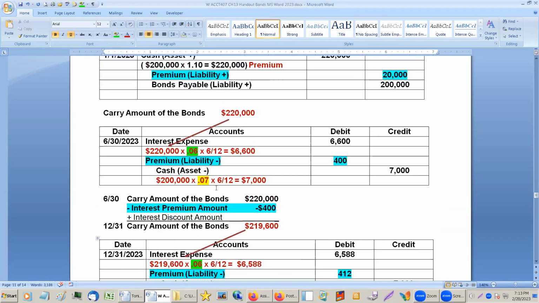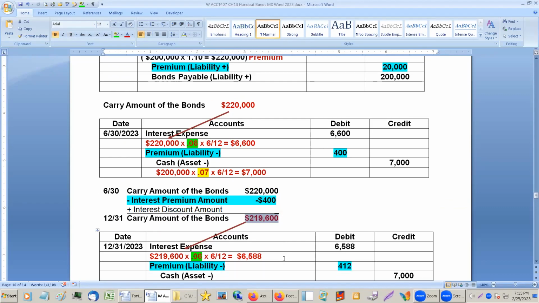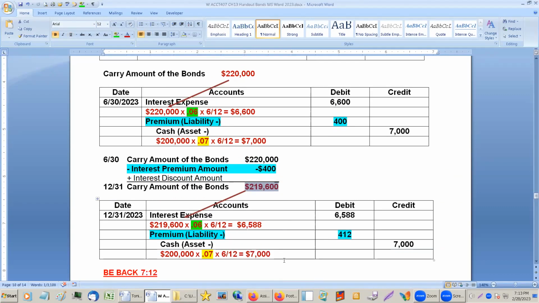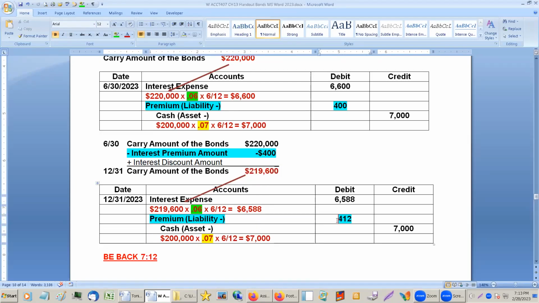So anyway, you can see how this is already being reduced, even after the first interest payment. Down to 219. If you go to the next period, it's going to be reduced by even more, by 412. So 219,600 minus 412.